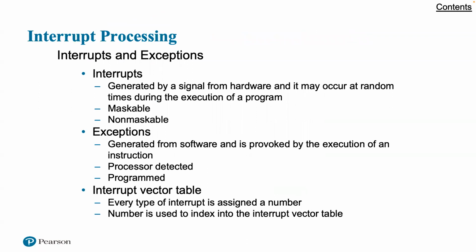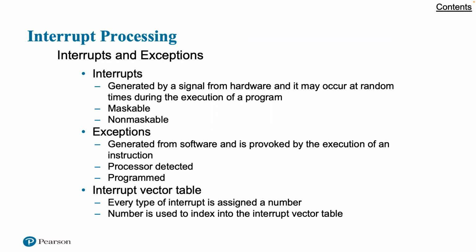So let's talk about interrupt processing. Two classes of events cause an x86 to suspend execution of the current instruction stream and respond to the event: interrupts and exceptions. So we're going to talk about interrupts first here, and then exceptions.